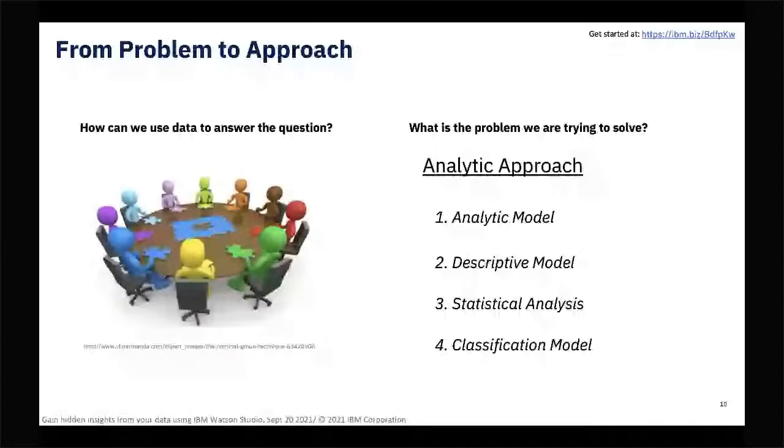We will need to decide whether we want to go for a predictive model, descriptive model, statistical analysis, or a classification model. And let me talk a little bit about what these different models are. So a predictive model is used when the question is to determine the probabilities of an action. And then moving on to the descriptive model, it is used to show relationships and will look at clusters of similar activities and preferences. So basically, if you're trying to group people with common behaviors, we will be using descriptive models.